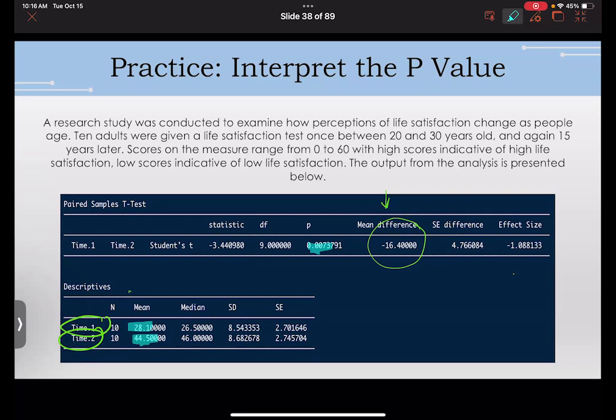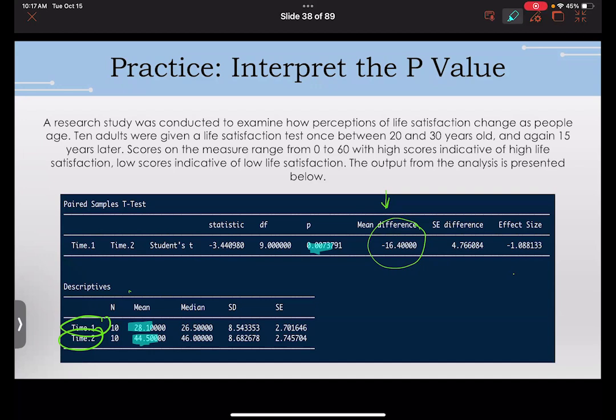Awesome. The nulls are beautifully contextualized. Assuming, and I love that those were different. So assuming that there's no relationship between age and life satisfaction, that's a beautiful way of saying it. Or assuming that life satisfaction doesn't change as we get older. Those are both beautiful ways of saying the null. And then the probability of getting a difference of 16.4, but we can contextualize that more.